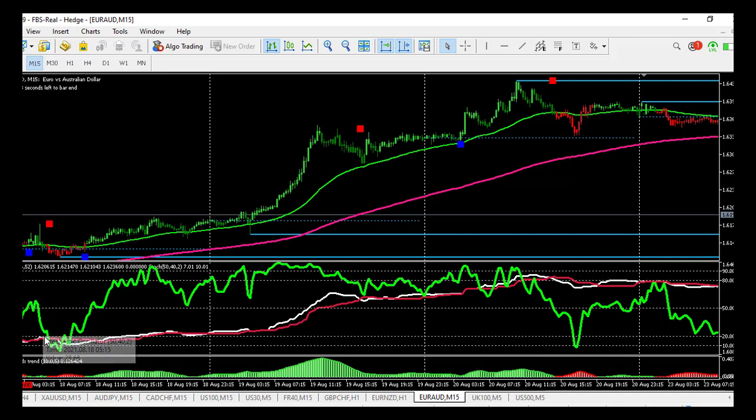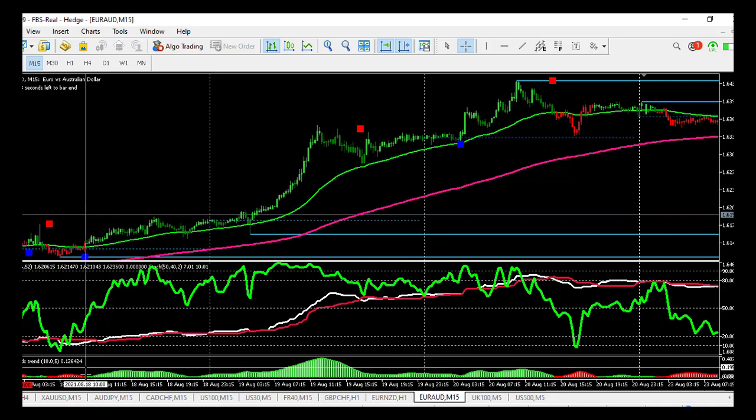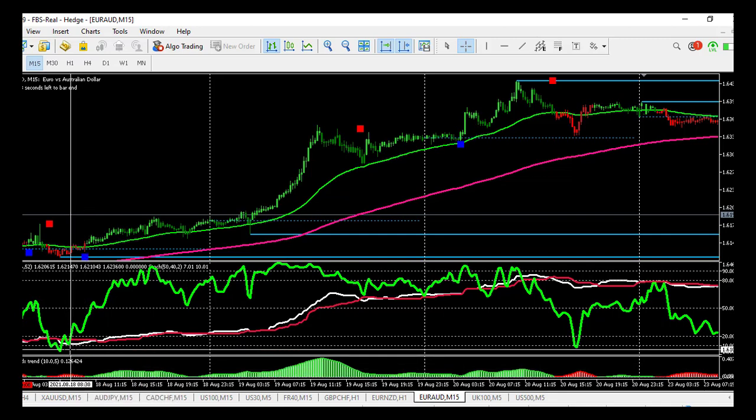We have this green line crossing the two Ichimoku lines upward here. Once we have this crossing at this point, you check the other indicators for confirmation, and the ADS trend is down to green at this point.